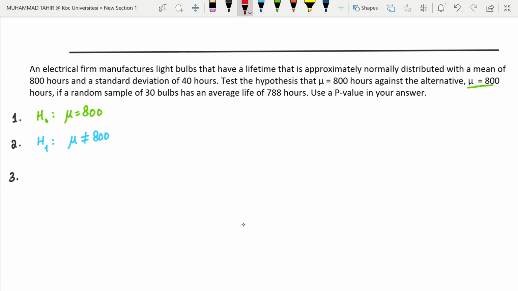And the third step is write alpha. And okay, before we do third step, we plot. Let me plot more carefully. So let's plot this. So this is the curve I'm making.